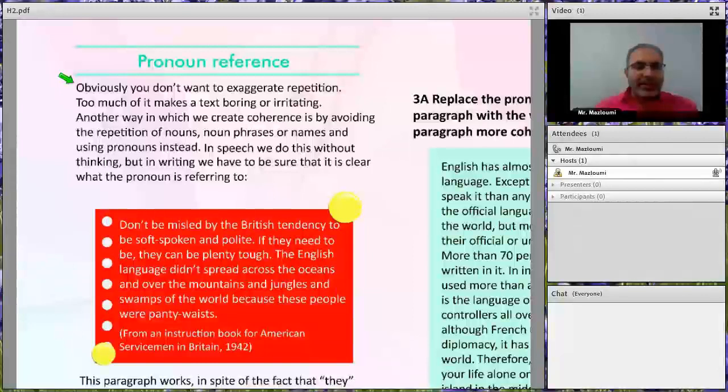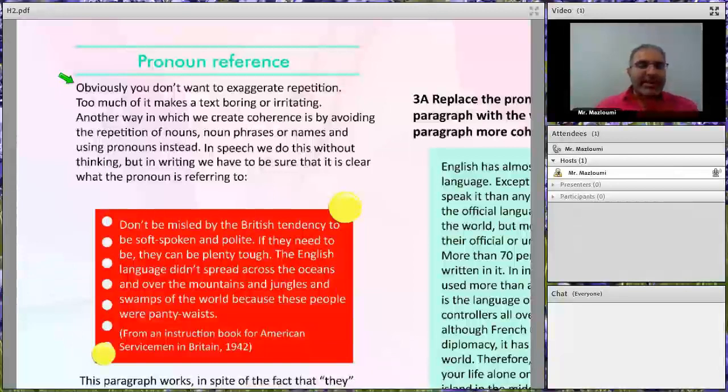Too much of it makes the text boring or irritating. Another way in which we create coherence is by avoiding the repetition of nouns, noun phrases, or names, and using pronouns instead. In a speech, we do this without thinking, but in writing, we have to be sure that it is clear what the pronoun is referring to.